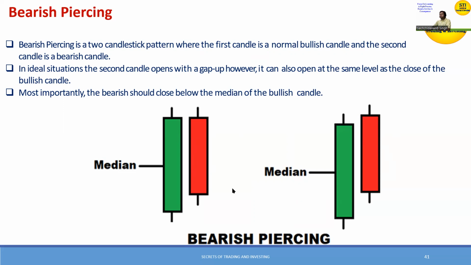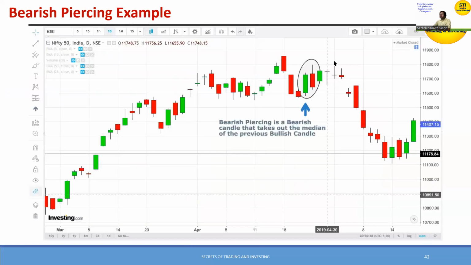If such candle formation is happening, it will be known as a bearish piercing. This is an example of bearish piercing: the first one is green, the next one is red, and after that there is an overall fall in Nifty. This example is on a daily time frame.